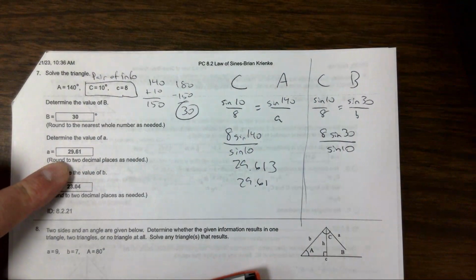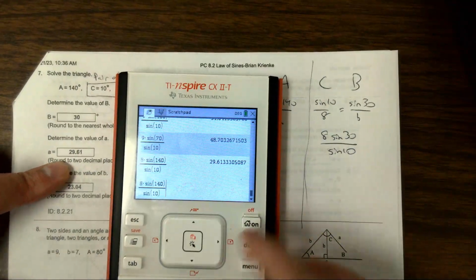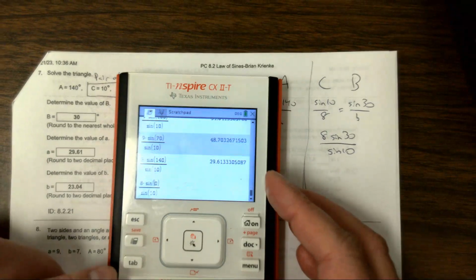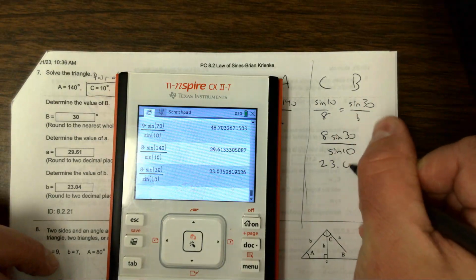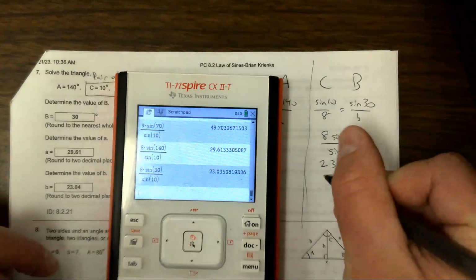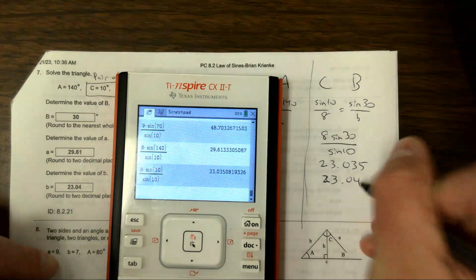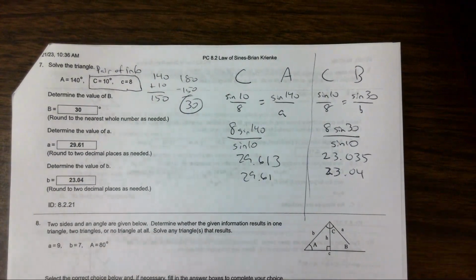So that's that one. And then we highlight it, press enter, and then change this to 30. So we get 23.035, so 23.04. So make sure you don't make a rounding mistake.